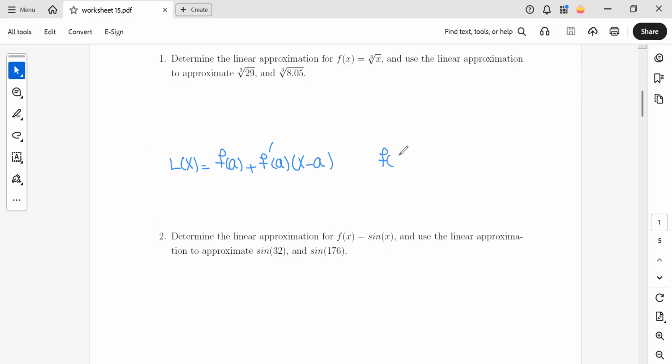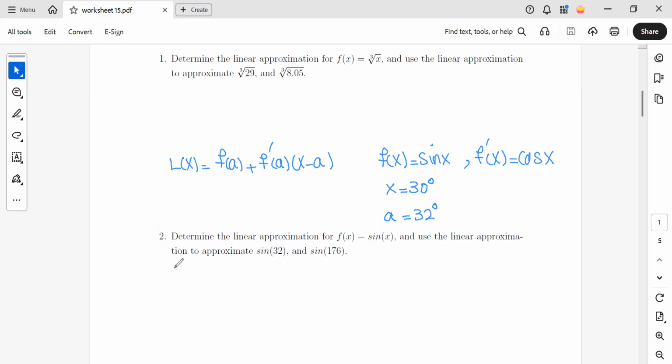We know that f of x is sine of x, and so f prime of x would be cosine of x. And for the first one, which is sine of 32, we use the angle that we already know the sine of, which is 30 degrees, and x would be 32 degrees.